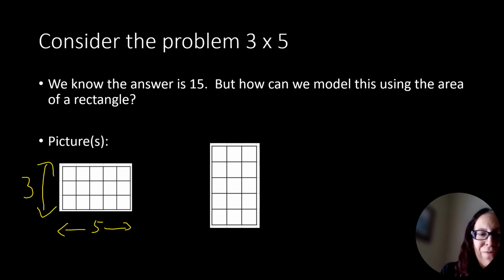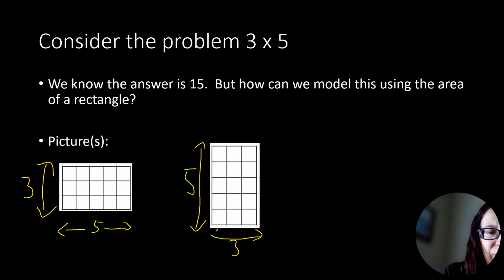And so now we have our 5 on the vertical here and the 3 on the horizontal. And you might think of this as 5 3 times. And once again, multiplication is just a shortcut way of adding all the squares up. So we have 1, 2, 3, 4, 5, 6, 7, 8, 9, 10, 11, 12, 13, 14, 15.